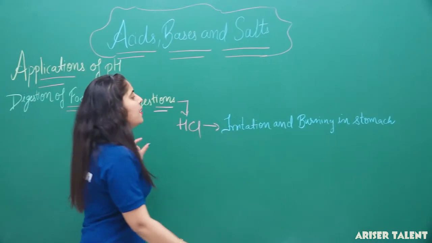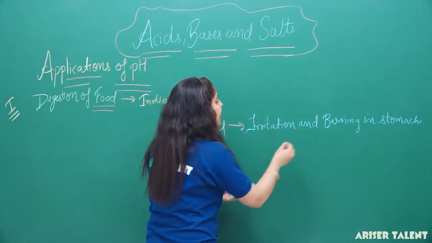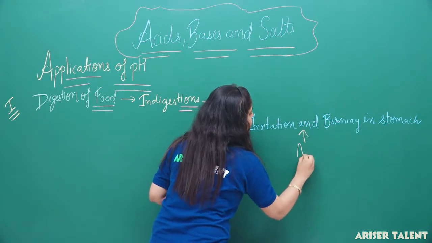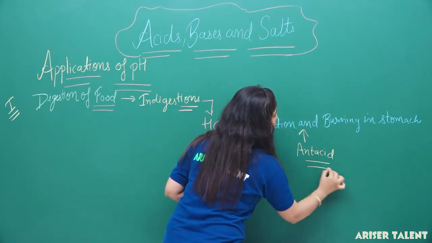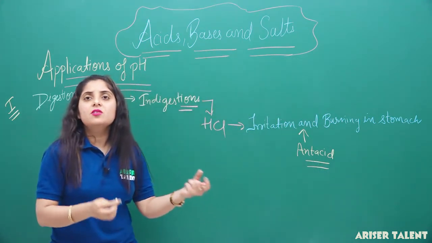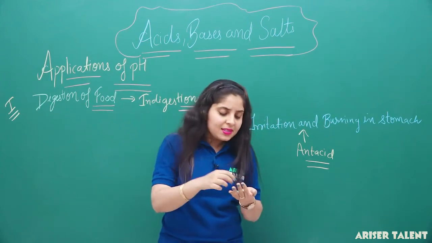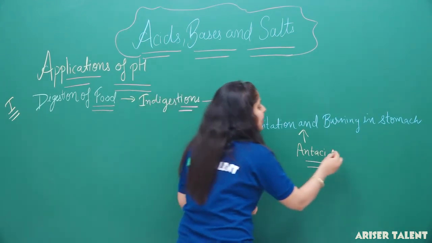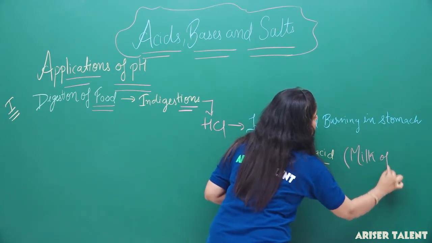Now this burning sensation will be relieved by taking an antacid. Antacids are substances which reduce the property of acids and provide us relief. So the antacid we are taking will be milk of magnesia.